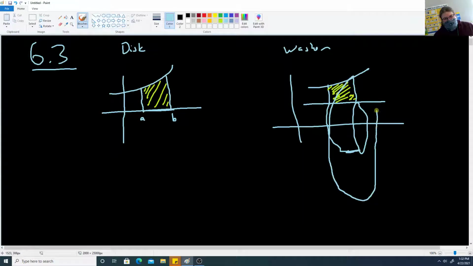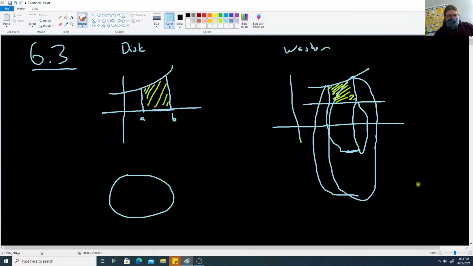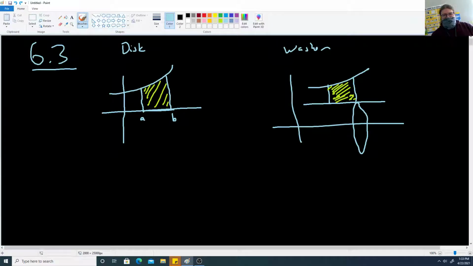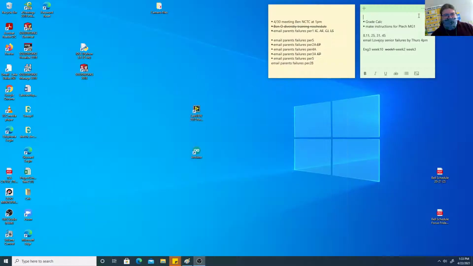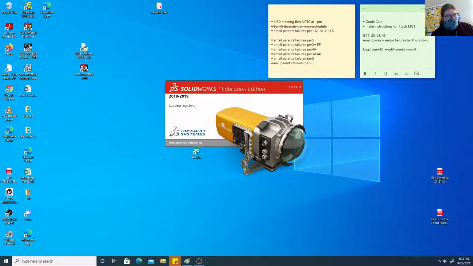Then as you revolve the outer shapes, you'll generate these rings or donut-looking things. Whereas in the disk method the cross-section is a circle, in the washer method the cross-sections will be circles with a hole in them. And real quick, I'll launch a program where we show the difference one more time.